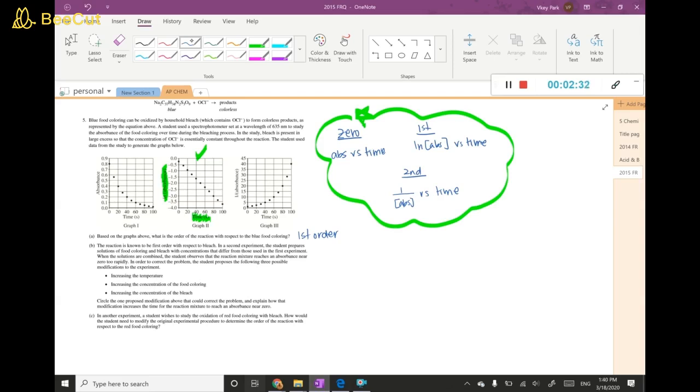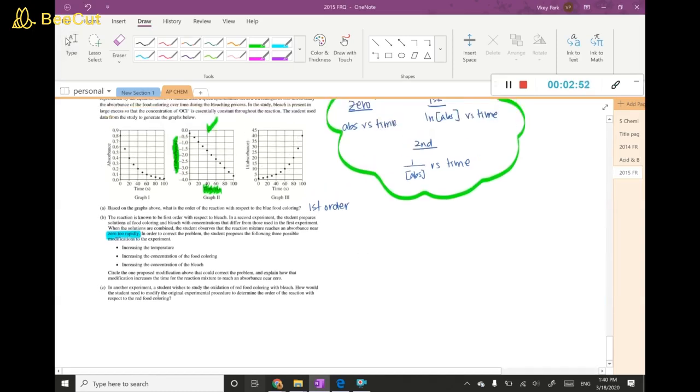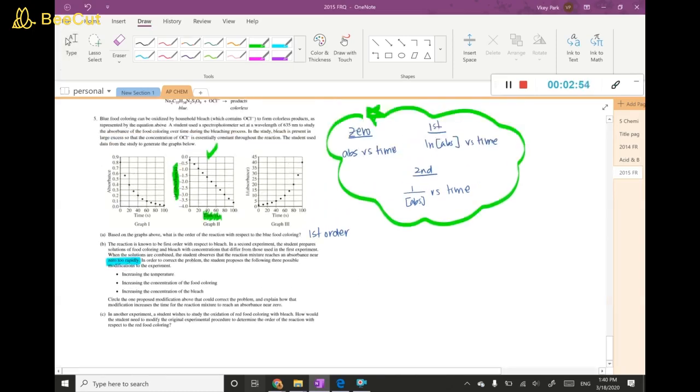So we basically want to slow it down, because he's saying that it almost immediately went to zero, right? So if something goes almost immediately to zero, it went to zero too rapidly, it means that the reaction took place a lot faster and we got rid of the food coloring.